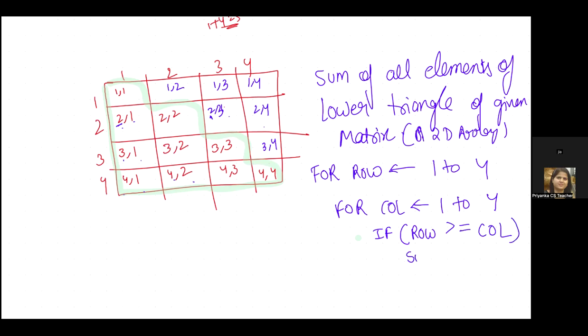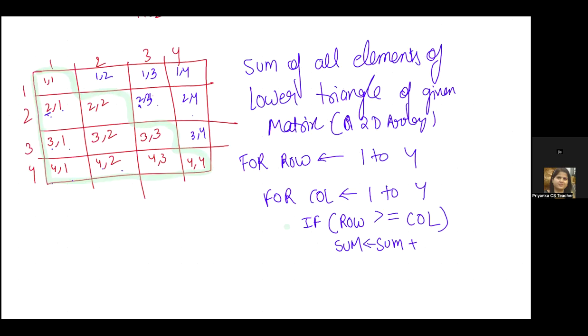Is this syntax correct? Sum equal to sum plus mat row col. And this is the next column, and this is the next row.